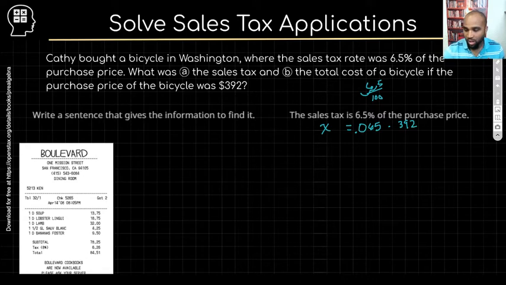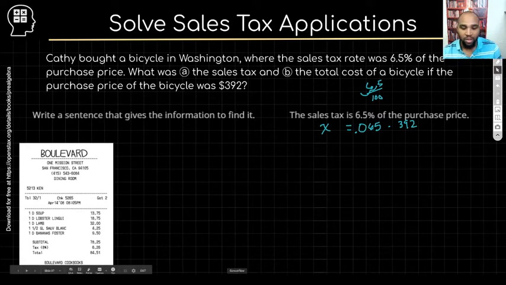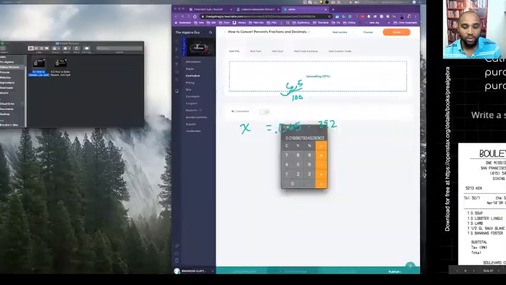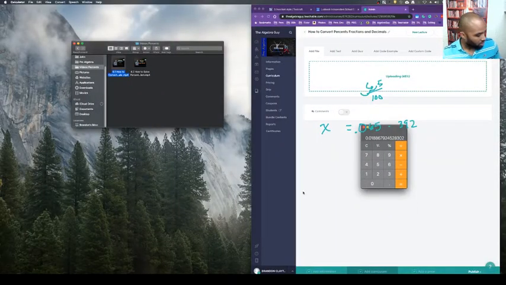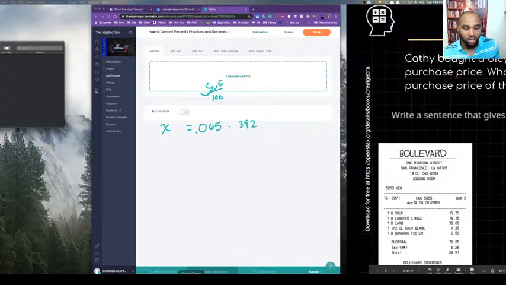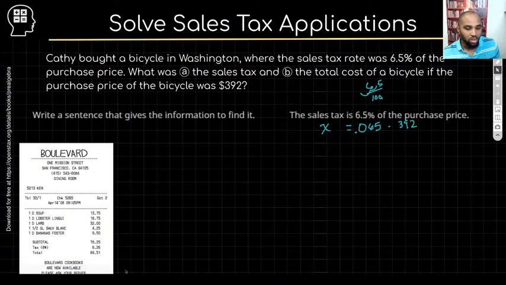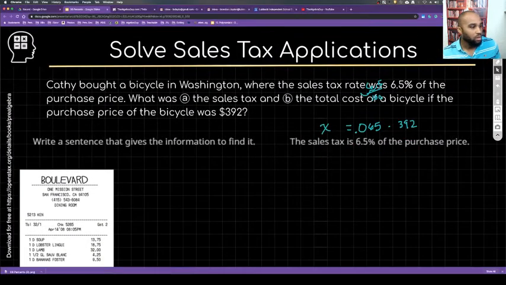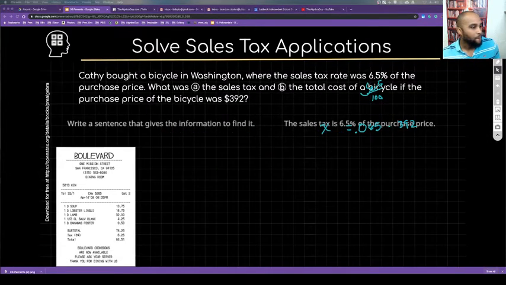In order to do that, I'm going to see if I can pull up my handy dandy calculator. I would encourage you to have one as well for this, so that this is a lot easier. Sorry about that. Let me pull it out here.